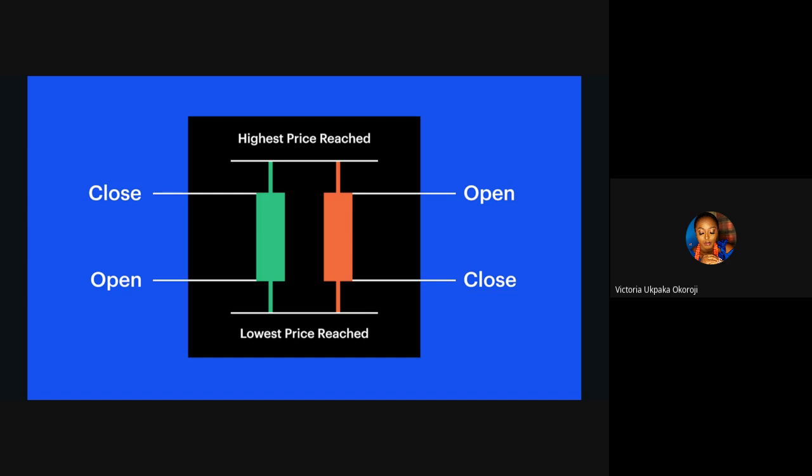Screenshot of Bitcoin at 15 minutes. This was 8:22 p.m. Nigerian time. Moving average.